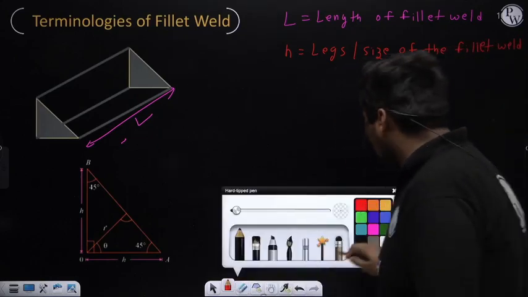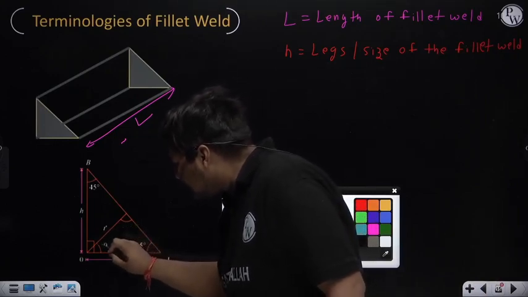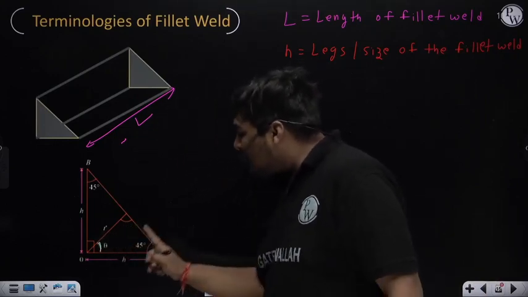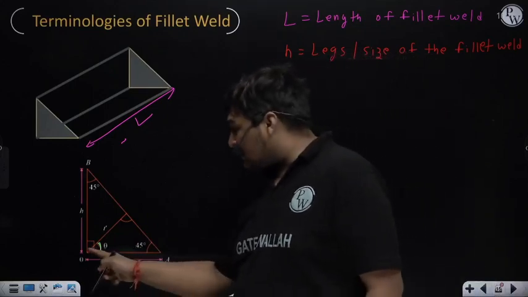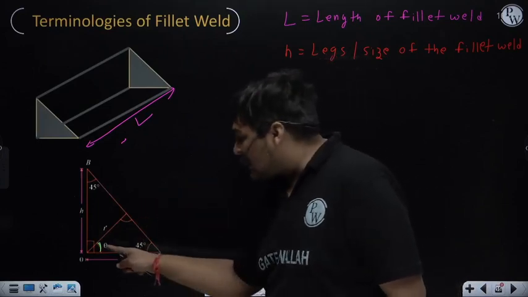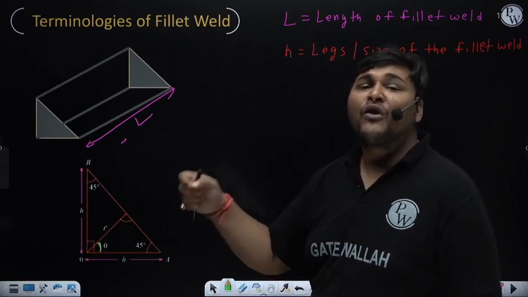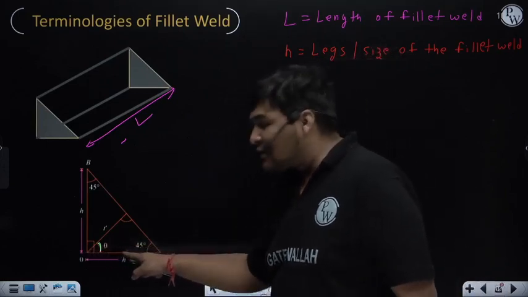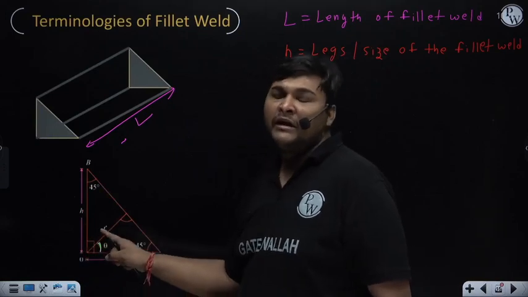Now if I ask what is the thickness of this fillet weld at angle theta, suppose this angle is theta, from the leg dimension. Now you will say, sir, two leg dimensions are coming, this leg and this leg, from which leg dimension? Right now I have taken theta from this leg dimension, but you can take theta from any leg dimension, whether from this or this.